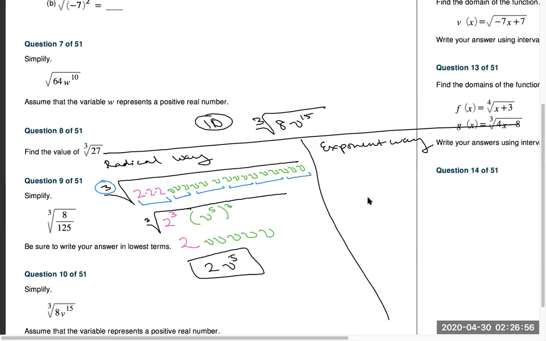Now the exponent way over here, that would be starting with your 8v to the 15th, and you're taking that to the 1/3 power now. So you're going to have 8 to the 1/3 power times v to the 15th to the 1/3 power. 8 is 2 cubed, and that's taken to the 1/3 power.